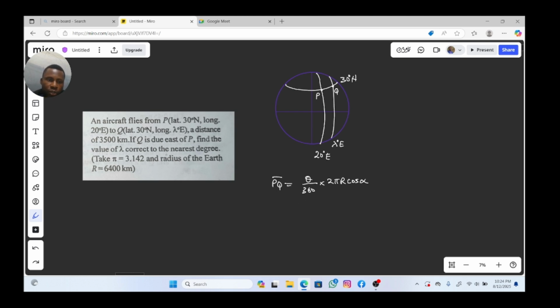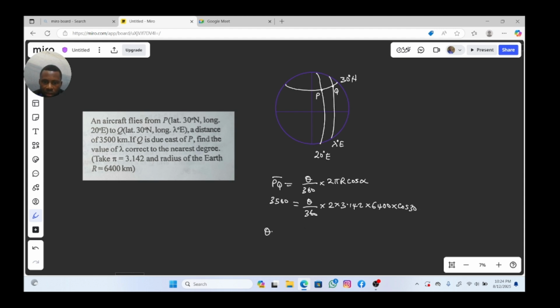Now PQ is given to be 3,500, so I'll replace it there, 3,500. That's equal to theta over 360 times 2 times the pi given here is 3.142 times 6,400 times cos the common latitude there, 30.